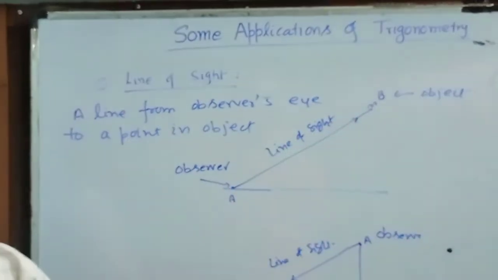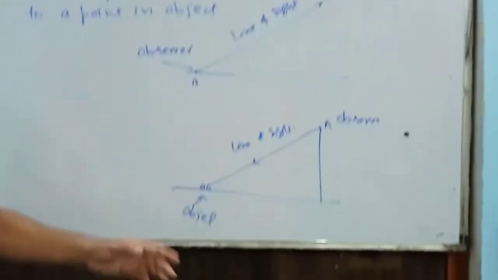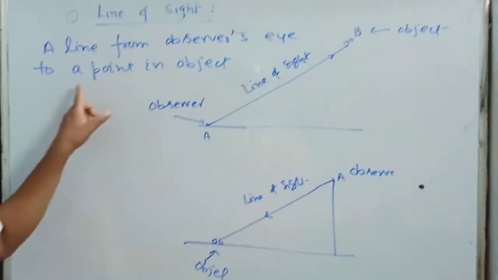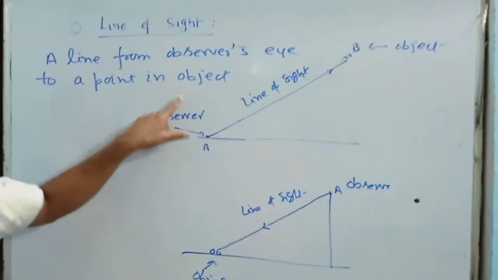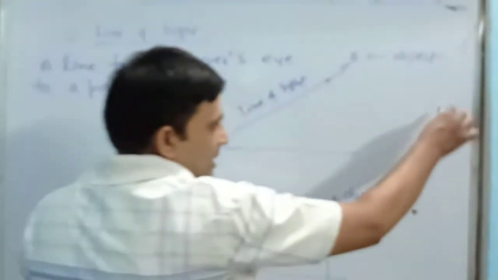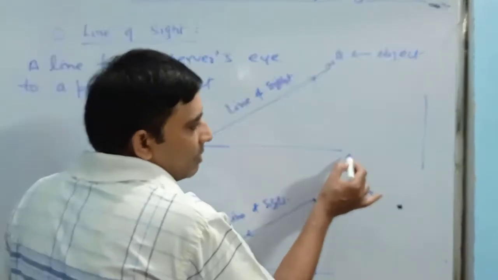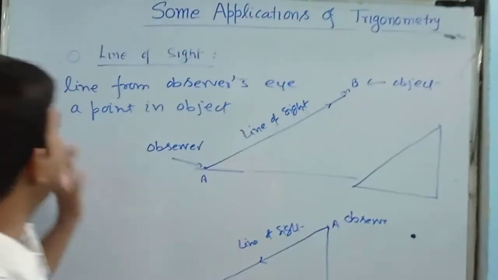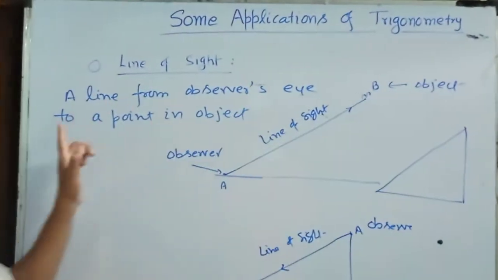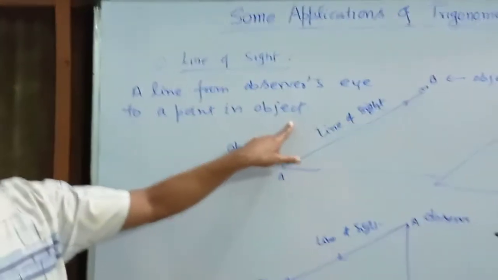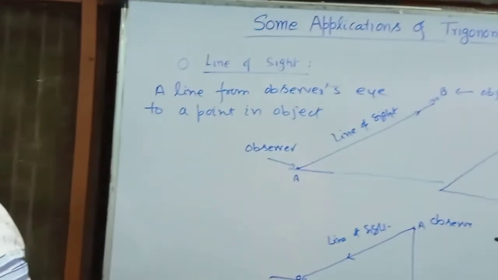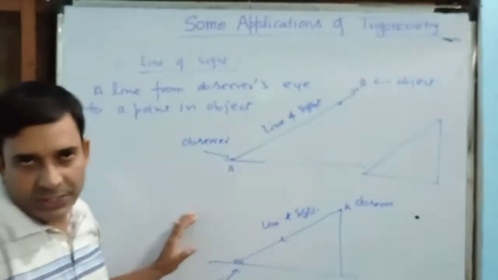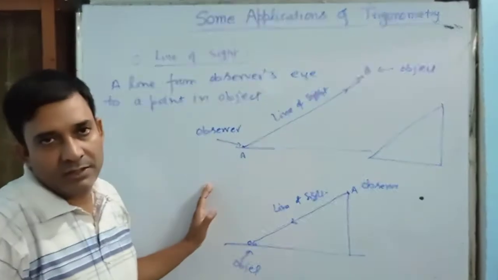And when object is big, object is huge, then you can say it is a line from observer's eyes to a point in object. If the object is large, suppose it is a building, you can see only its top or its bottom at a time. So that is why it is written, it is a line from observer's eye to a point in object. Very simple it is.